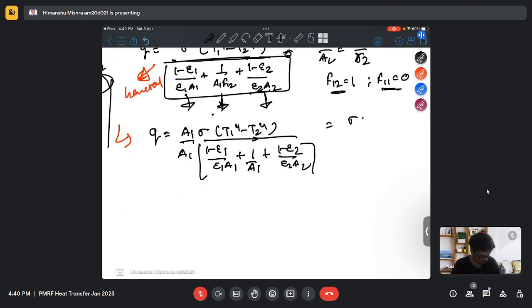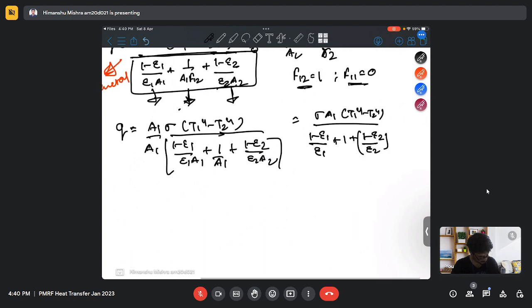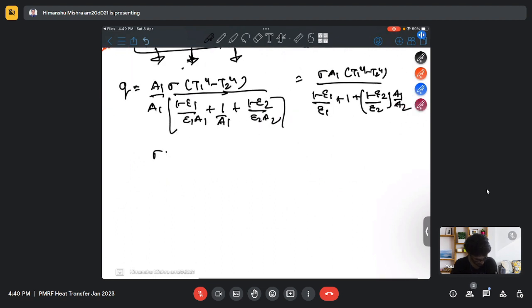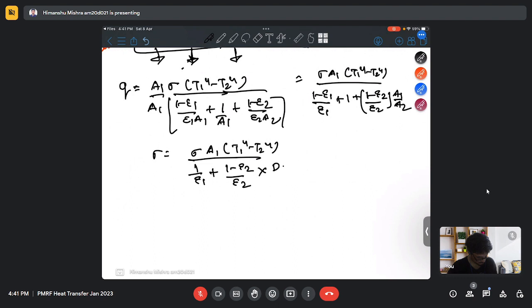So this we will get as A1 by A2, so I can modify it to, it will go above here, it will be D1 by D2.